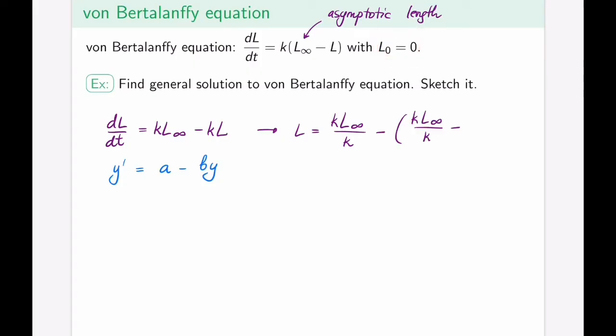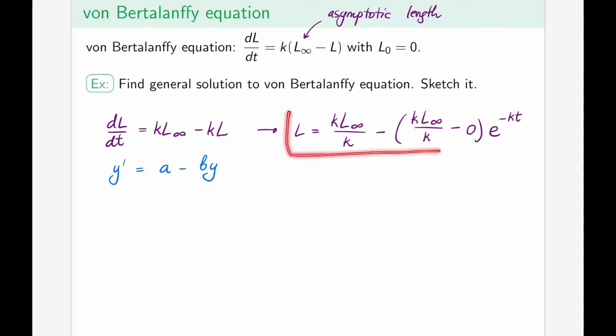So for example, in terms of length, a cell starts at some trivial dimension. So minus 0 times e to the power of minus B, which is K, t. It's going to take a few tries before you really get a hang of going from the general form in terms of A and B to the constants, so do practice this a little bit.